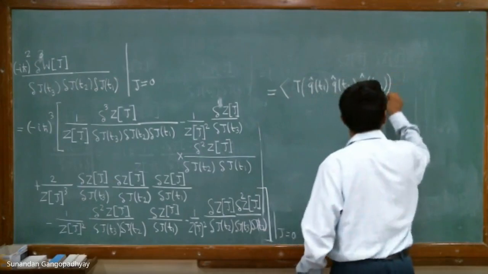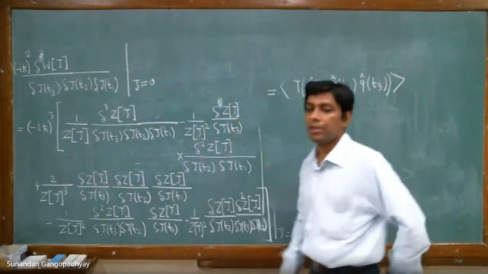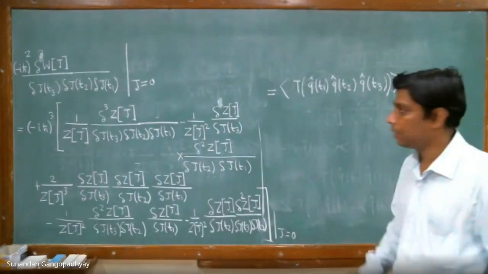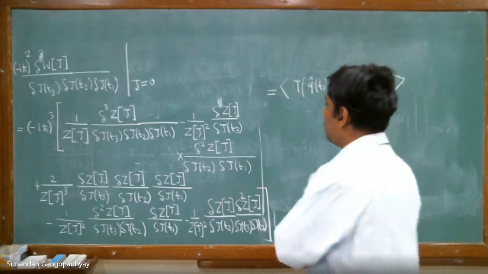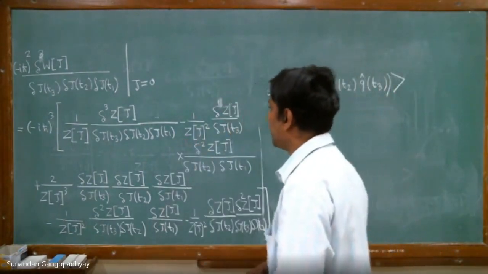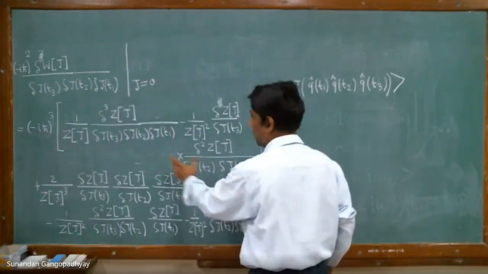Okay, this is the first term. By definition, it is the expectation value of the time ordered product. Now you look at the second term, this one. So here you can partition this i h bar square, i h bar cube.